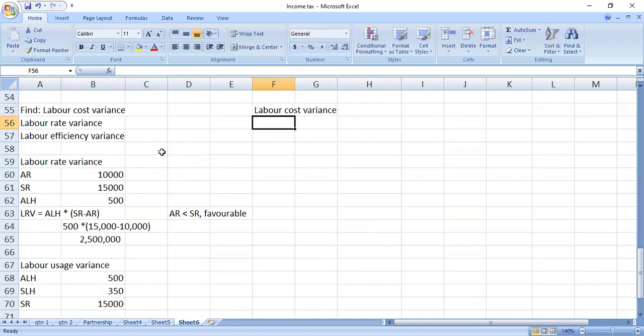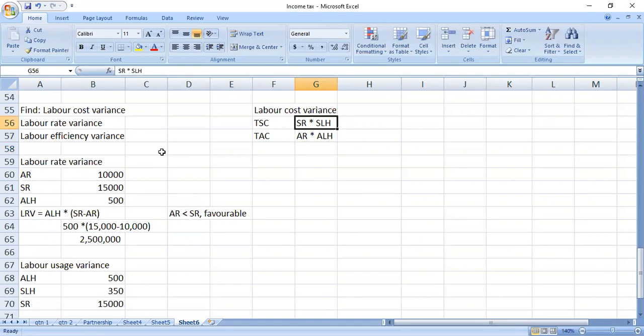For labor cost variance, you just compare the total standard cost in terms of labor and the total actual cost in labor. The total standard cost is standard rate times standard labor hours. Then for total actual cost, it's actual rate times actual labor hours. So we're comparing these two.